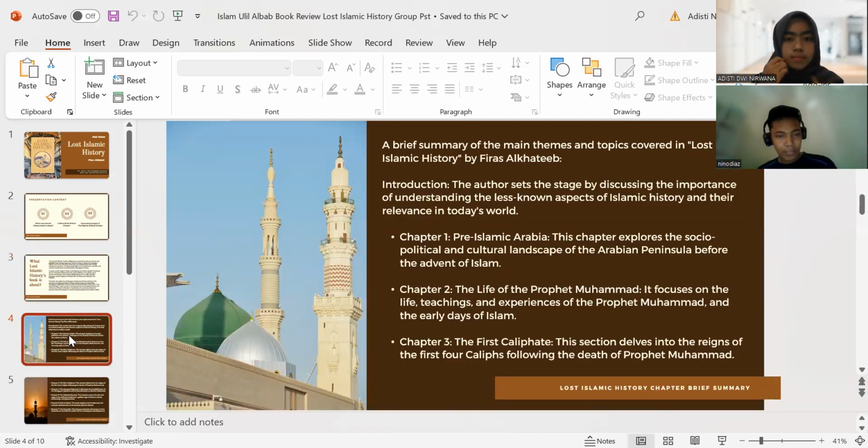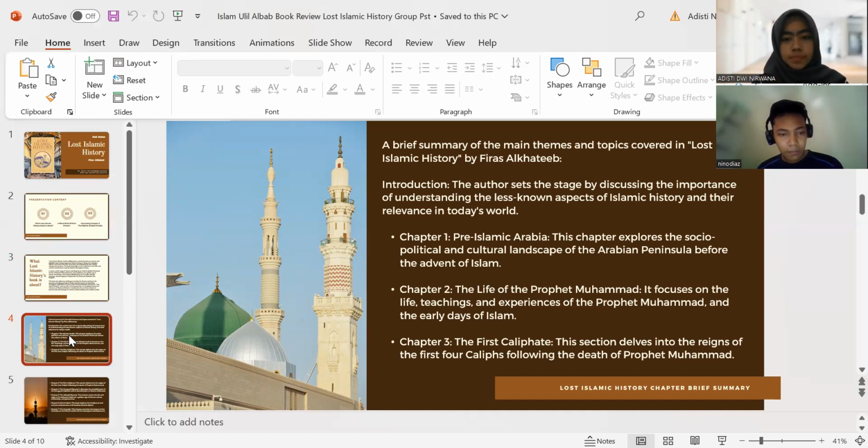Okay. The next slide is a brief summary of the main themes and topics covered in Lost Islamic History by Firas Al-Khatib. Introduction. The author sets the stage by discussing the importance of understanding the less known aspects of Islamic history and their relevance in today's world.